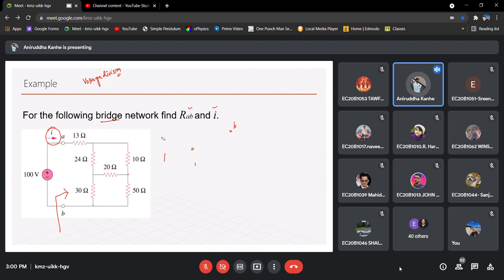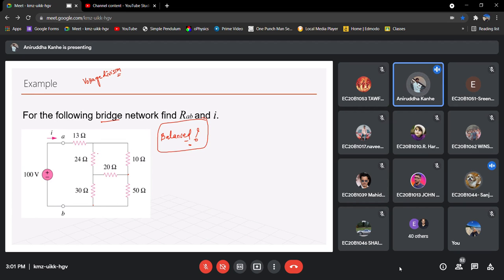But the very important point I am going to discuss here, which you might have already studied, but it's important to recall: whenever there is a bridge circuit like this, the first and foremost thing you should check is whether the bridge is balanced or not. What is the meaning of a balanced bridge?